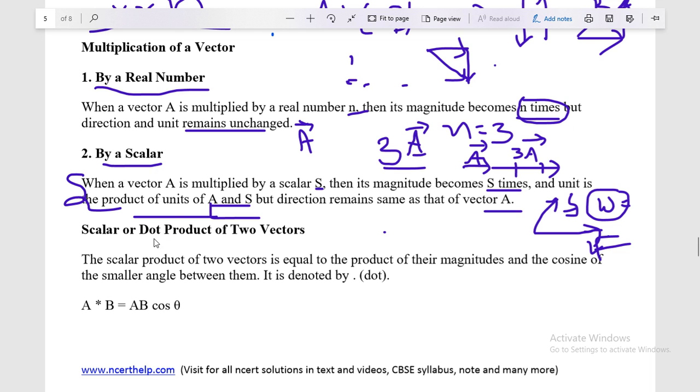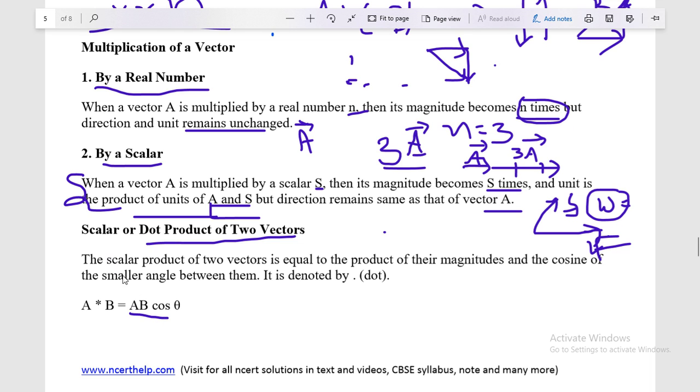Now we are going to find out the magnitude of the scalar product or dot product of two vectors. If you want to find the magnitude of the dot product of two vectors, you must remember this definition, which gives the value of the dot product.